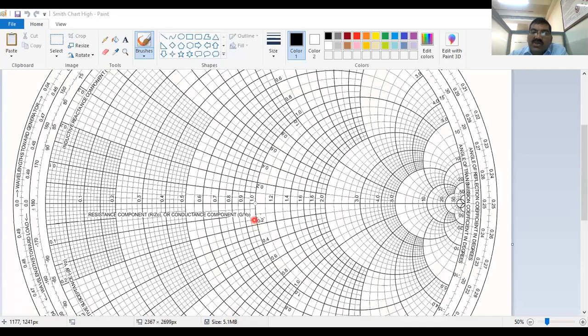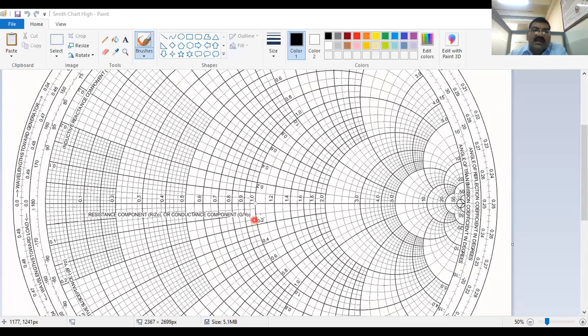Now what is our interest? The imaginary part is the line of 1. So where is the line of 1? This is 0.7, 0.8, 0.9, 1. This line is of 1. Where it is going, I'll draw the line.